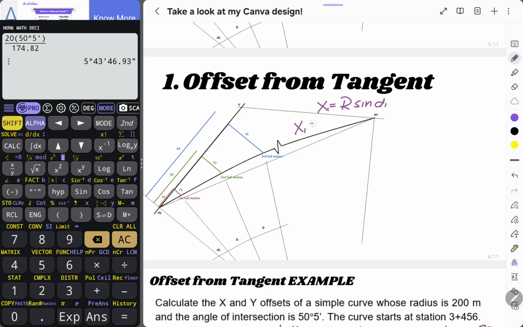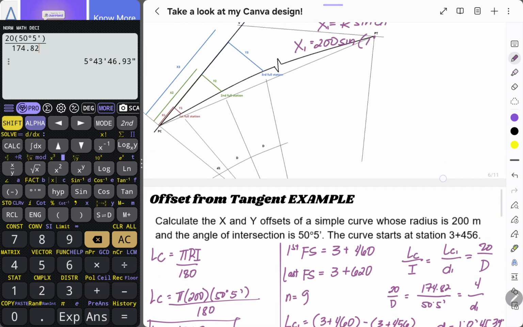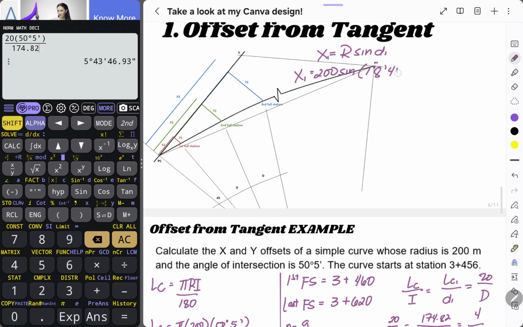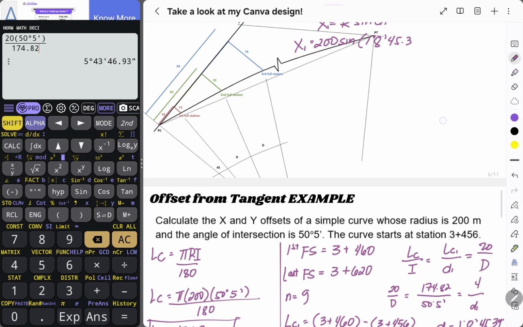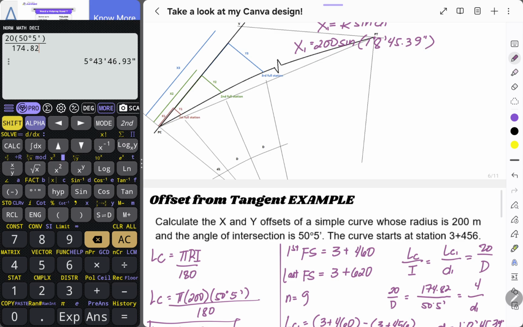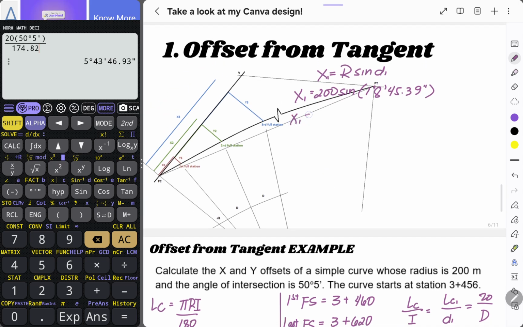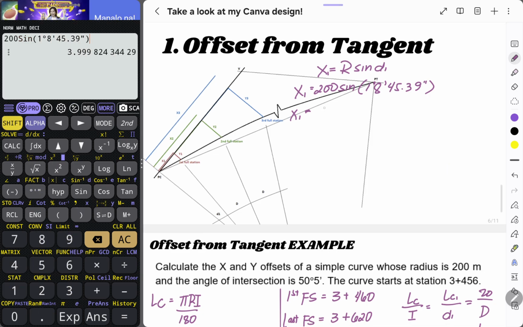So, our x1, 200 sine 1 degrees 8 minutes 45.39. Okay. So, x sub 1 is equal po sa 200 sine 1 degrees 8 minutes 45.39. So, 3.99 or 4 meters.